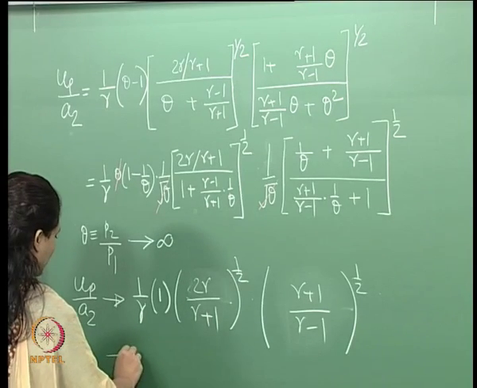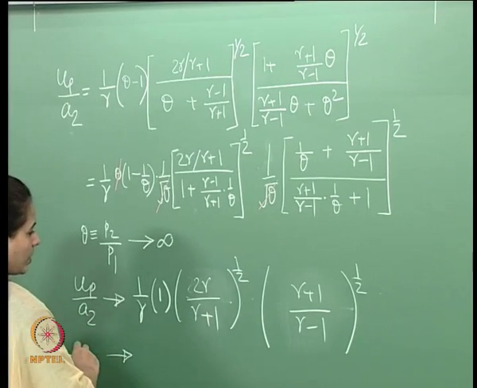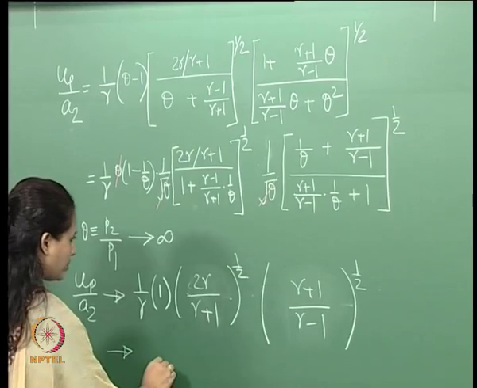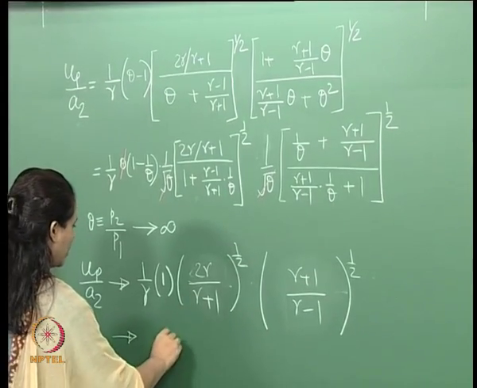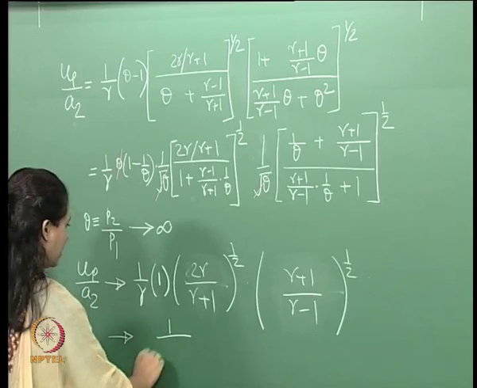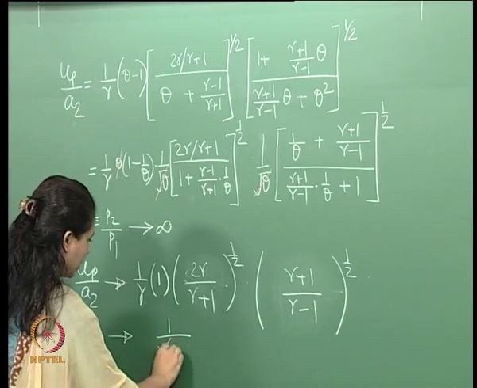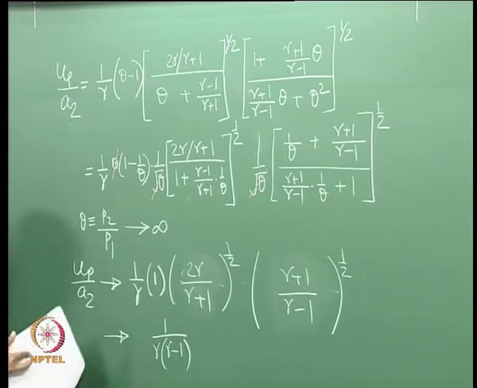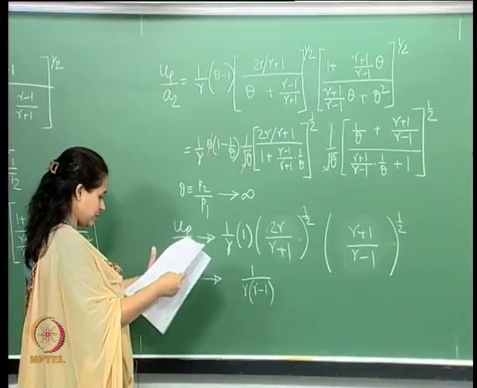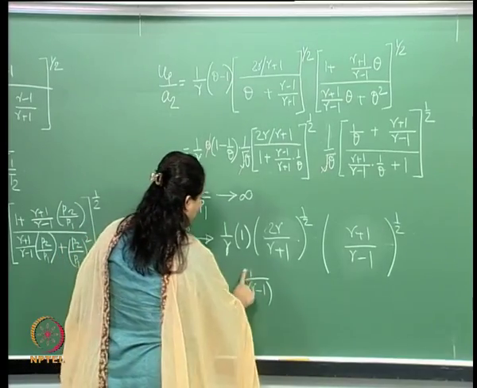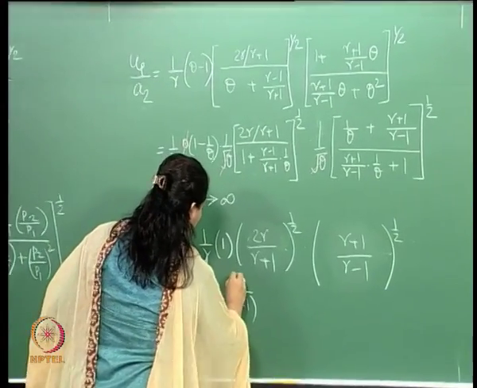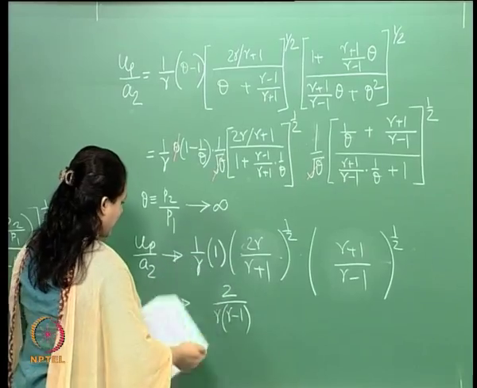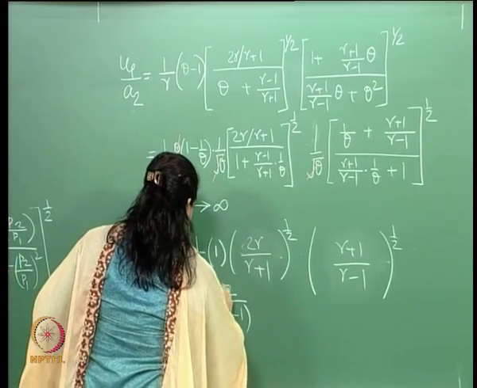So this tends to basically 1 by gamma into gamma minus 1. Is that right? Let me cross check that. Or sorry, yes, we have the 2. So it's basically 2 by... yes, so that's what it is. So what we get is this.